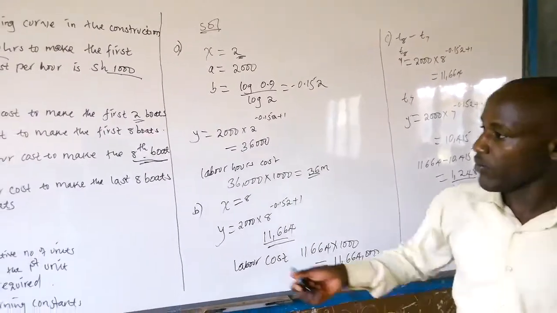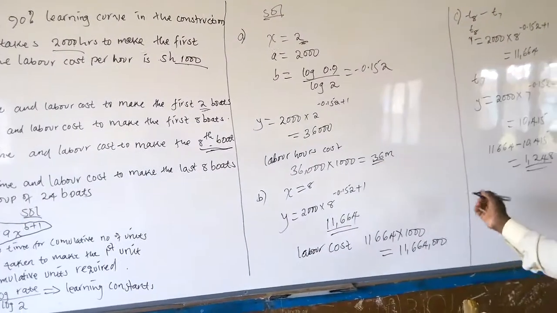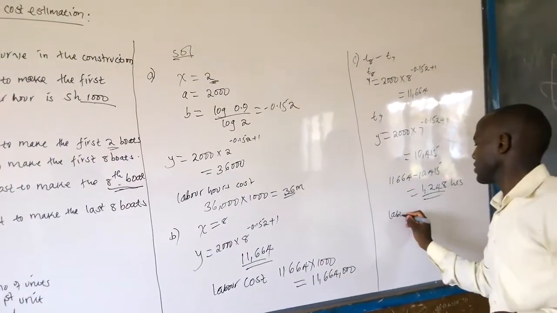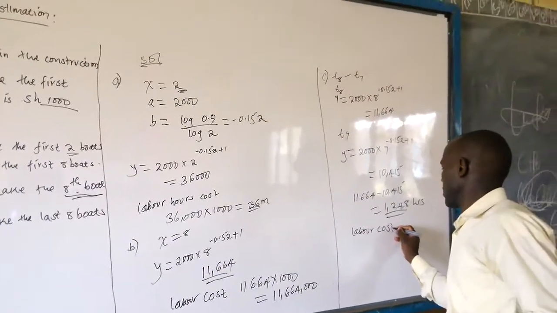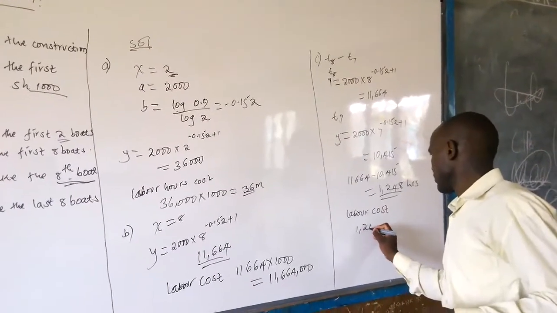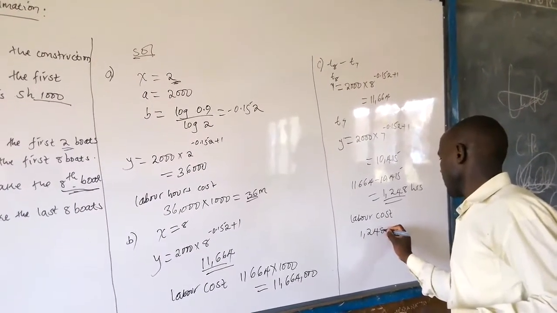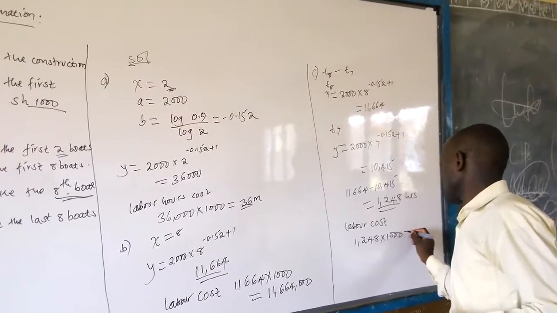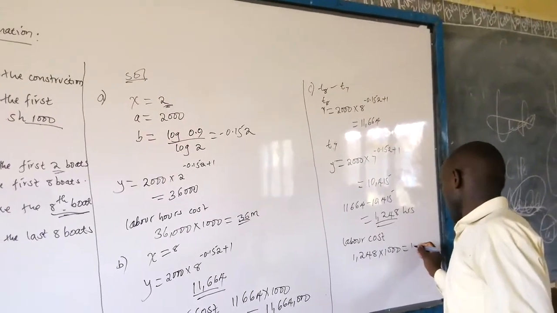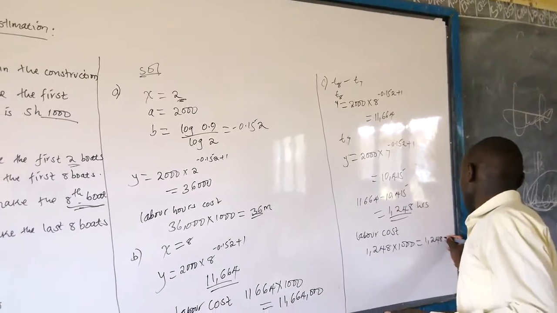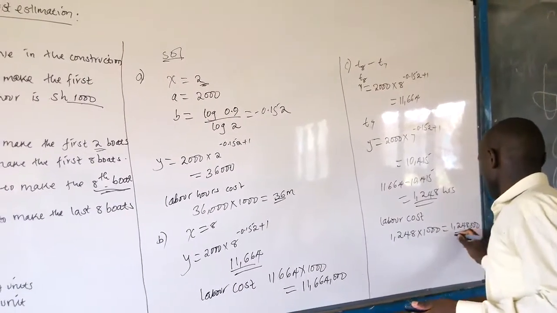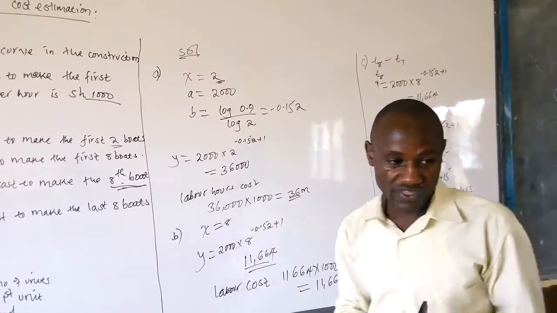Then when we are considering the cost, the labor cost will be 1,248 times 1,000. This will give us 1,248,000 as the total cost for the same.